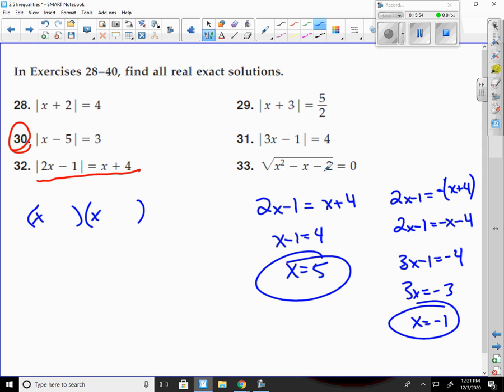Then what multiplies to give you -2 and adds to -1? -2 and +1.